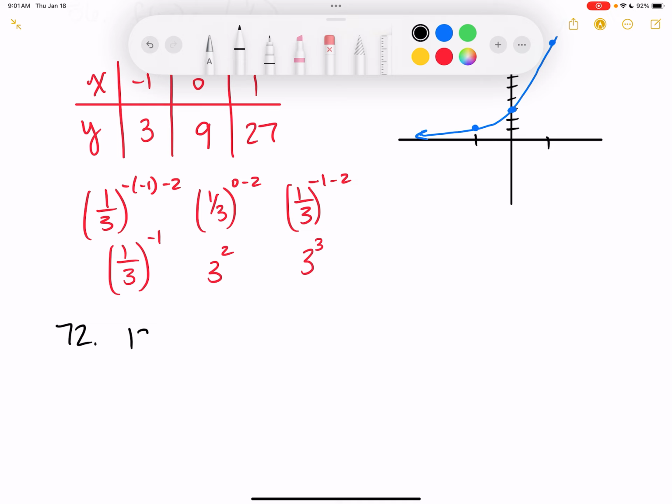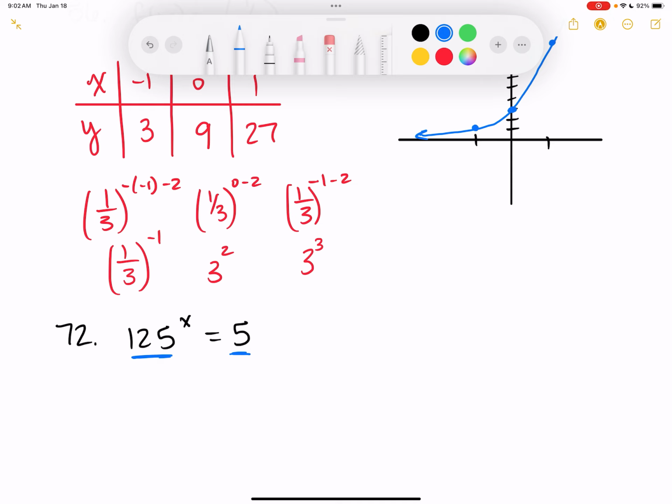Problem 72: 125 to the x is equal to 5. So what we're going to do, the rules of exponential functions say that if you have the same base, so this is your base here, then whatever their powers are should be equal.